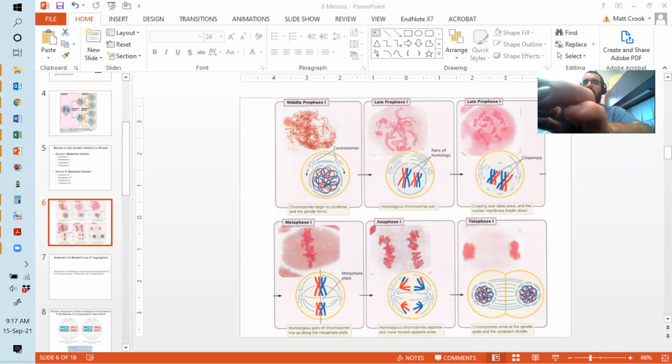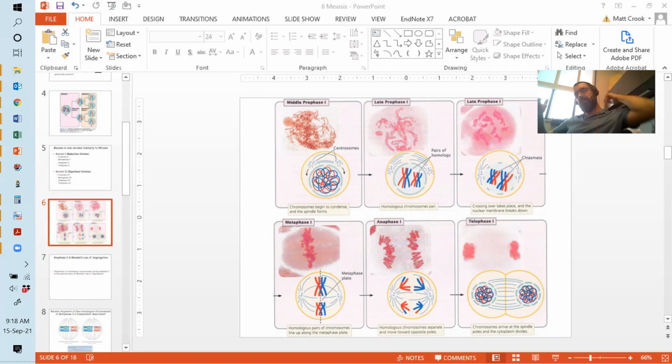Is a big part of the alignment. Okay, so that's the first requirement that's very unique to meiosis 1, prophase 1. Chromosomes condense as they align.